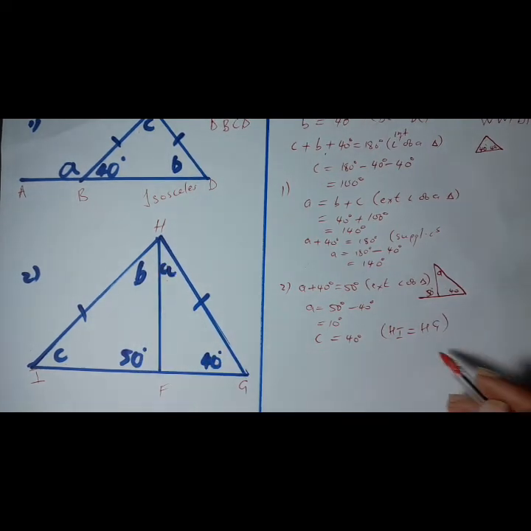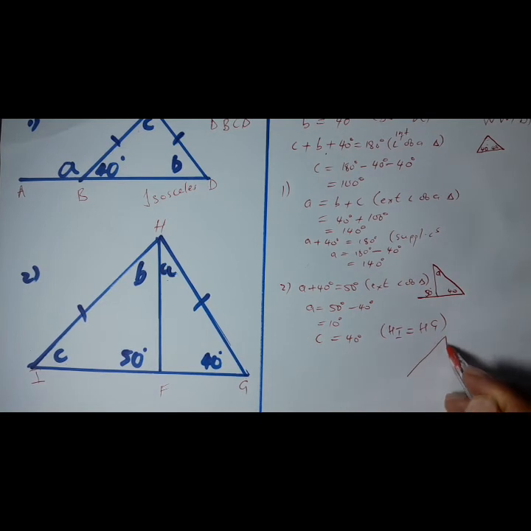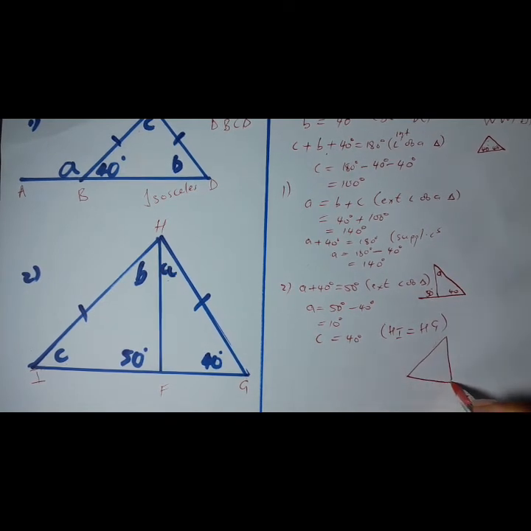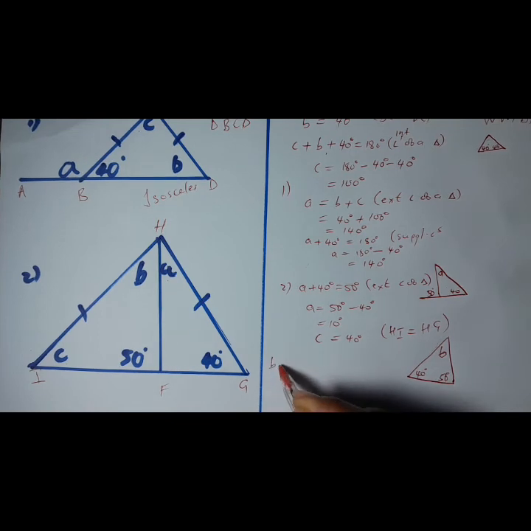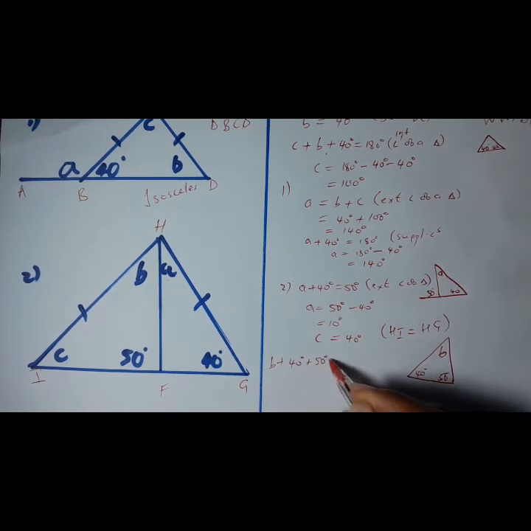Now we have a scenario that looks like this, where we have two angles inside of a triangle. So now we can find B, because we know the properties of a triangle. So that means B plus 40 plus 50 equals 180 degrees.